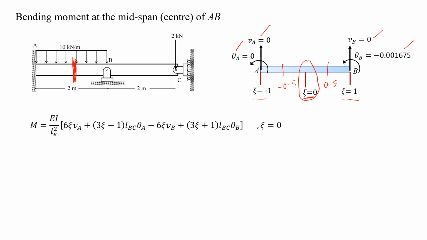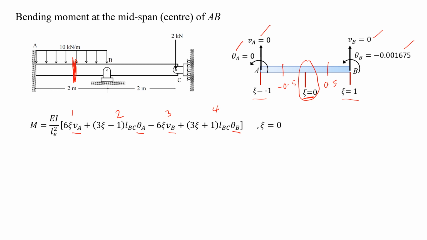It must be according to element 1, where we have vA, theta A and vB, theta B. If you look at this equation, we have 4 terms: 1, 2, 3, and 4. So it's always for the unknowns, or the degrees of freedom, in one element.